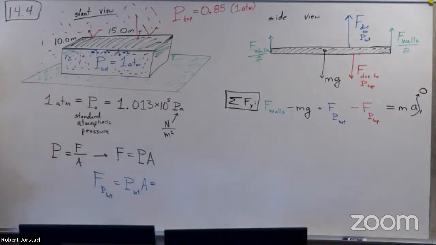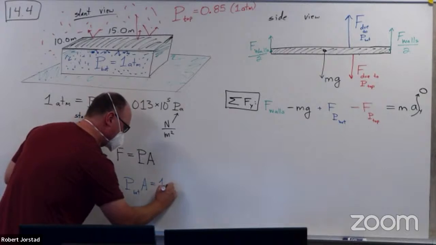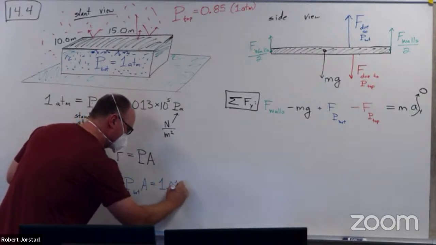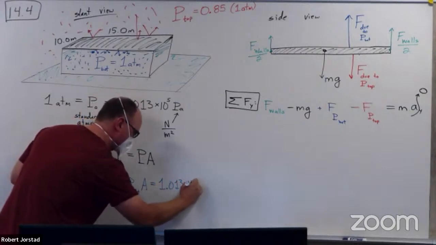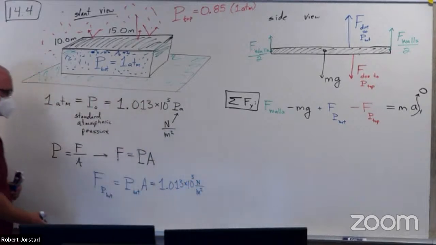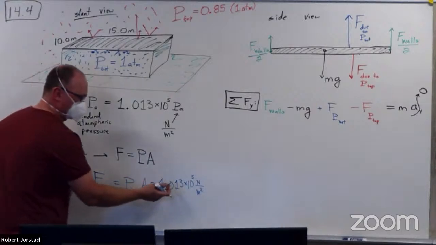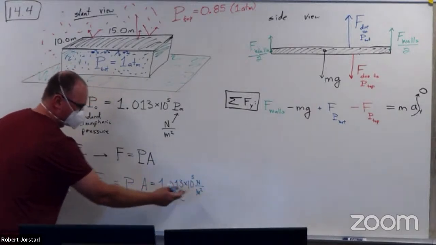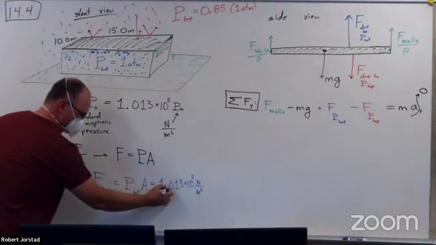Well, we know the pressure on the bottom is 1 atm, so that one's easy. The pressure is basically 1 times 10 to the 5th newtons per meter squared. There's some extra sig figs there.